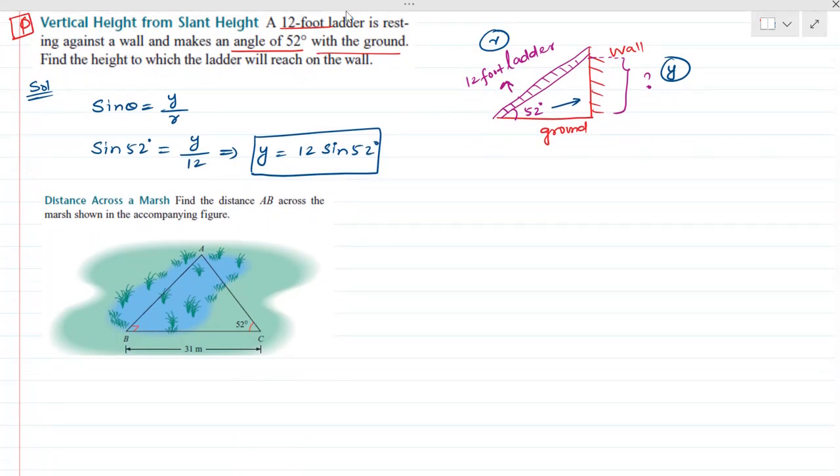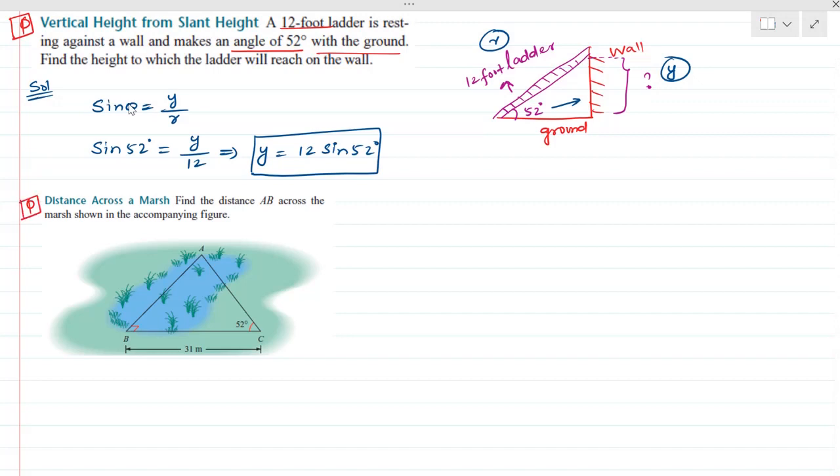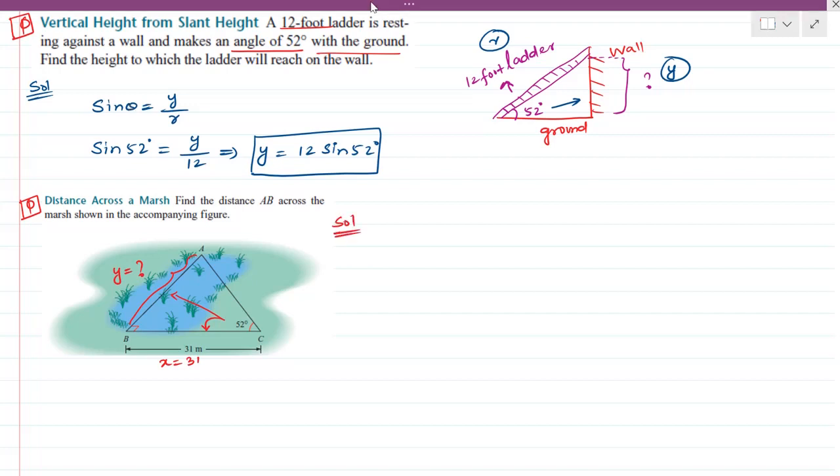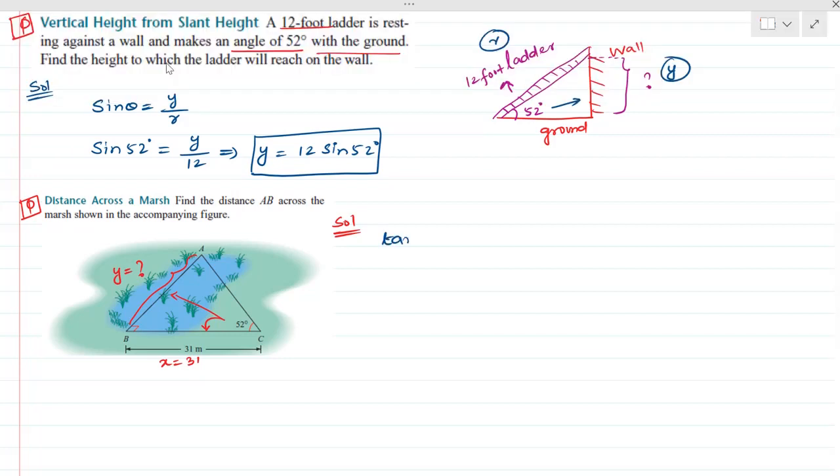Now in the same way, you will have an application problem in which a figure is given, and you are asked to find the value of AB. This value is a question mark. This one is opposite and this is adjacent, which is given. Here y you have to find, and the x value is given as 31. Which trigonometric function will we use? For x and y, it is tan theta.